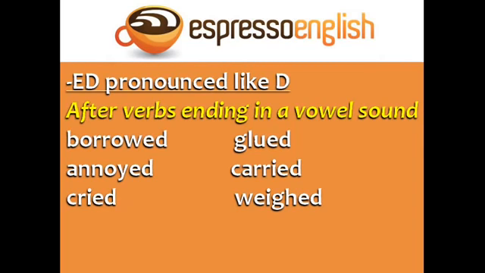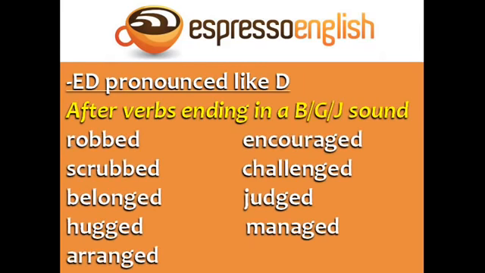Borrowed, annoyed, cried, glued, carried, weighed. Finally, ED is pronounced like D after verbs ending in a B, G, or J sound. This is one of the most difficult to pronounce, so let's practice.